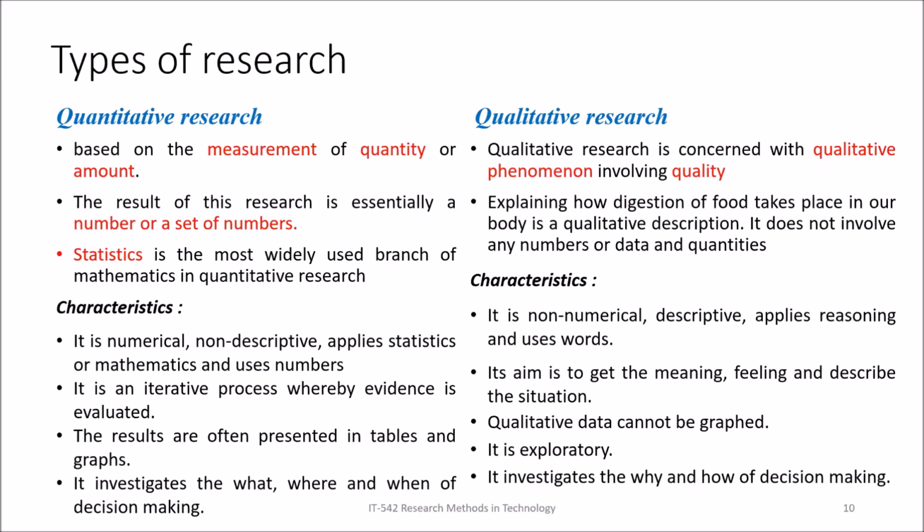So when you use qualitative research, you have to ask some kind of questions, like I discussed in the last session also. For example, how do you justify whether your product is good or not? Whether you agree or strongly agree, in that way you can give options, right? So it is an exploratory kind of thing, right?